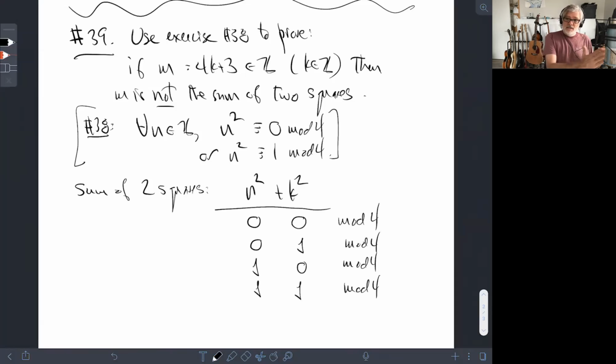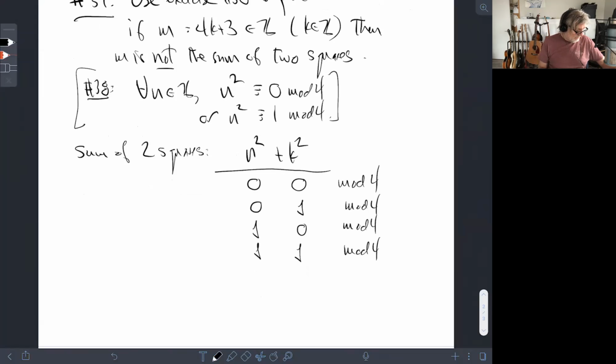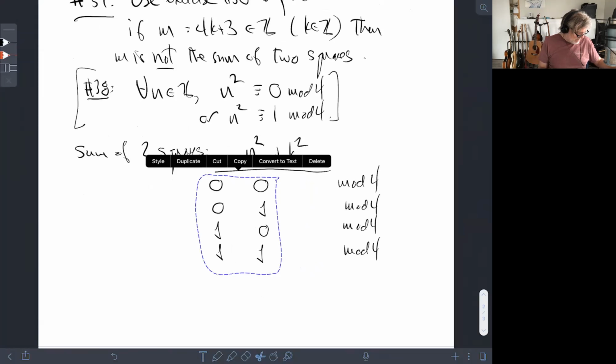For n squared and k squared, if you add them up, what's the result? Let's try something.